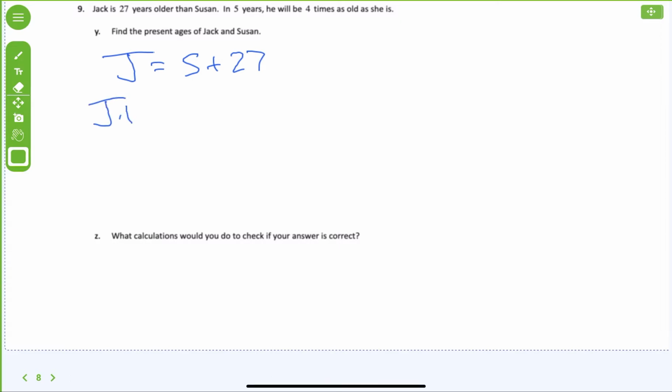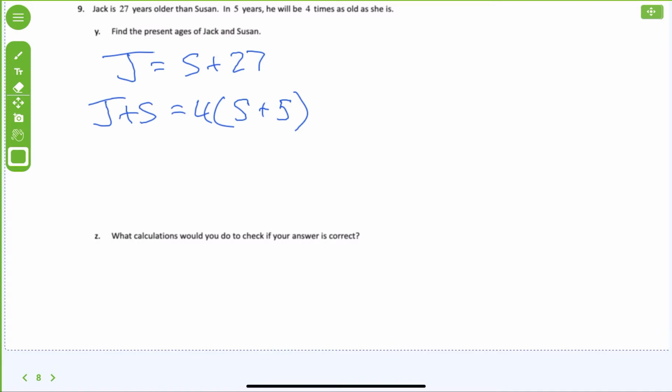So Jack plus Susan is equal to 4 times Susan plus, oh, that looks like a 5. Susan and 5 years. 4 times as old as she is, but it'll be 5 years from now.